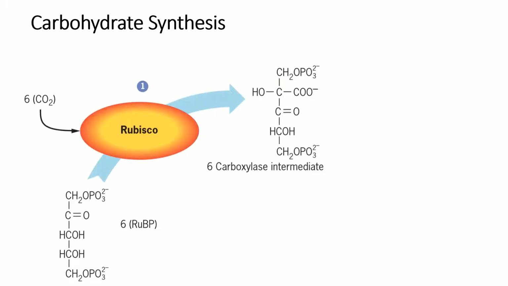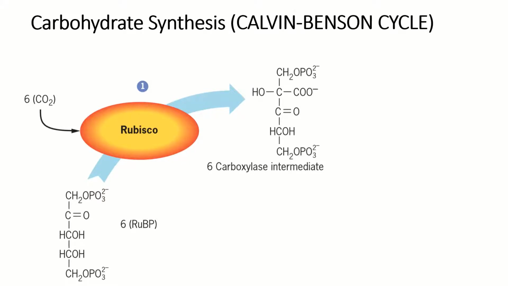So how is carbon dioxide incorporated into ribulose biphosphate? In this process of carbohydrate synthesis, which is also known as the Calvin-Benson cycle, or the fixing of carbon dioxide, we see here an enzyme called Rubisco. Rubisco stands for ribulose biphosphate carboxylase oxygenase.